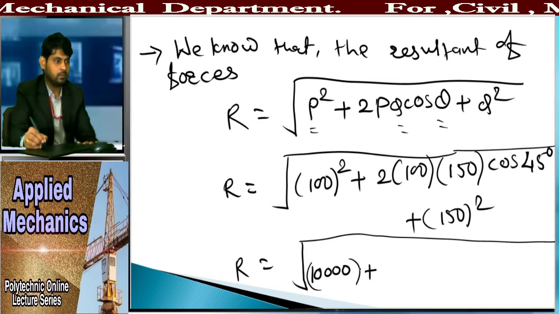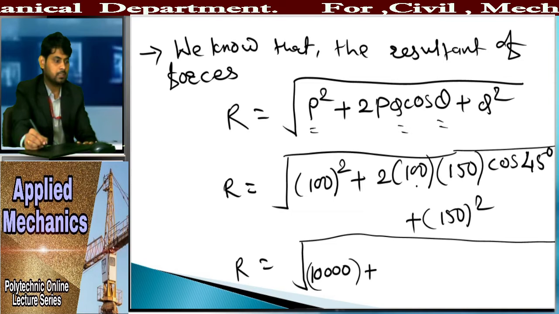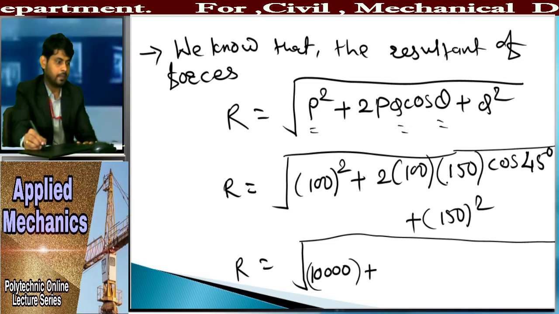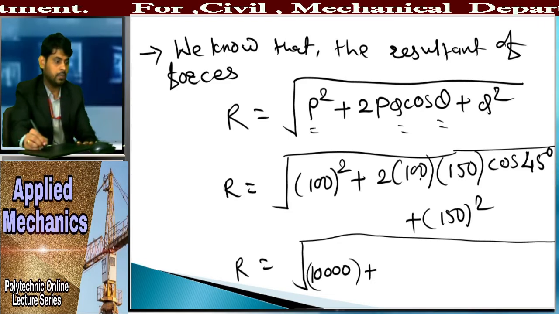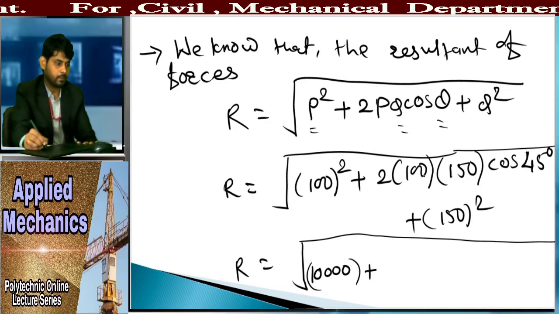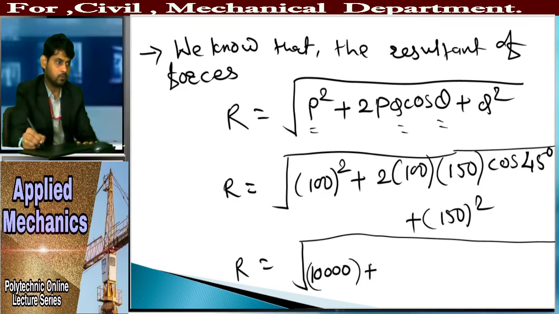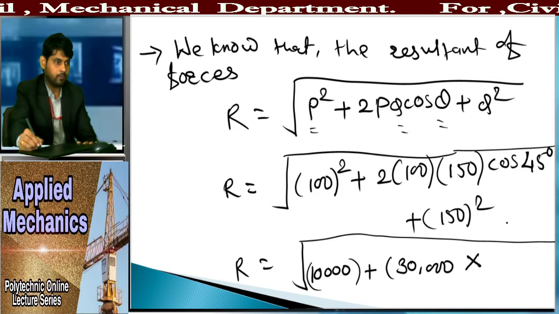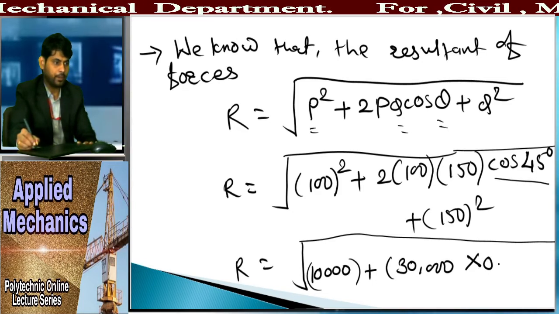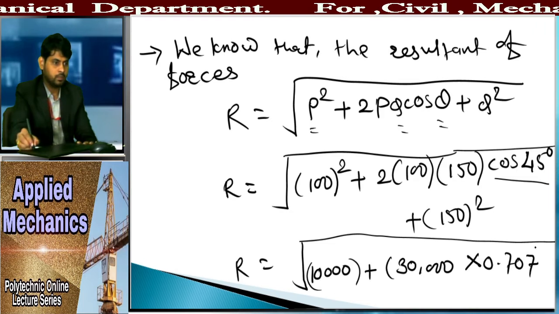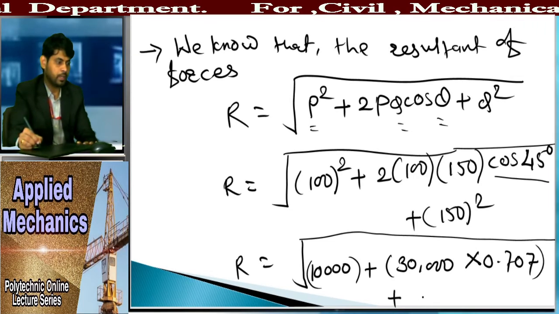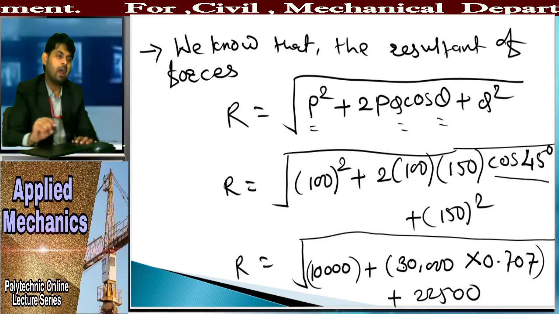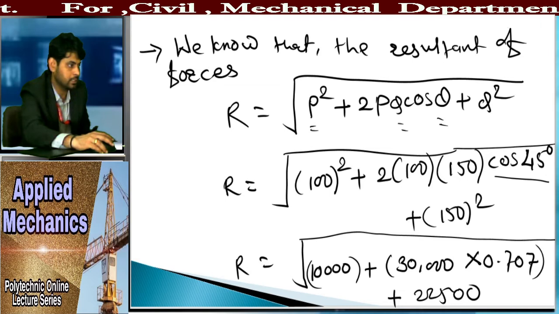Then 2 into 100 is 200, multiplied by 150, that is 30,000. So 30,000 multiplied by the value of cos 45, which is 0.707, plus 150 square, which is 22500. You have to do all this calculation on your calculator.